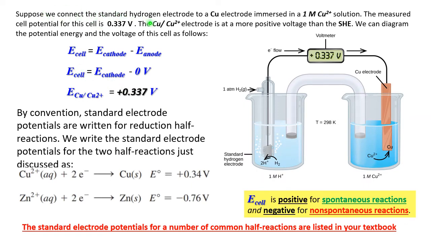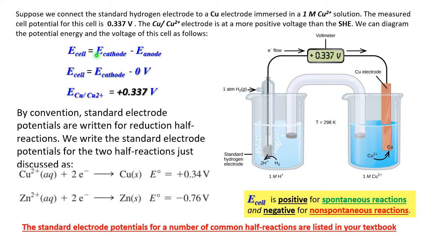Now we can connect our standard hydrogen electrode to copper electrode immersed in 1 molar Cu2+ solution. The measured cell potential is 0.337 volts, but the direction of current is different. A Cu2+ electrode is at more positive voltage than standard. So we can write the diagram as following, and write again.